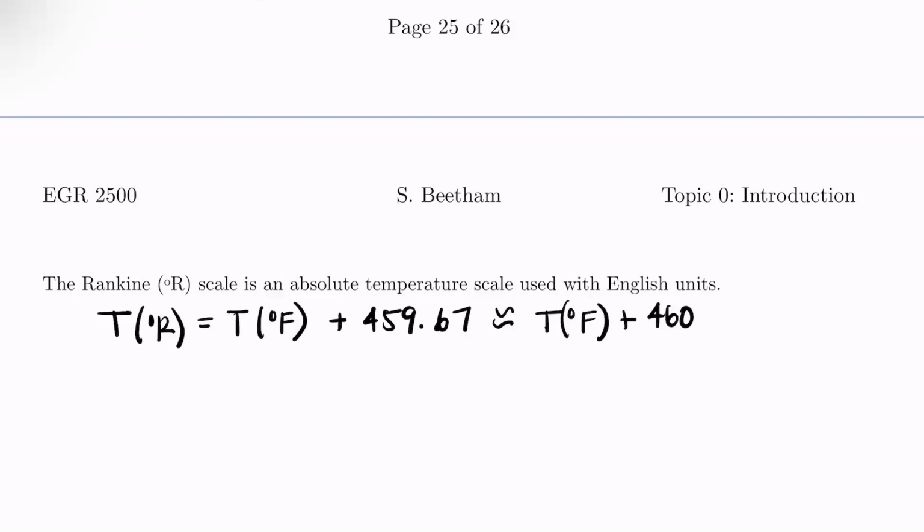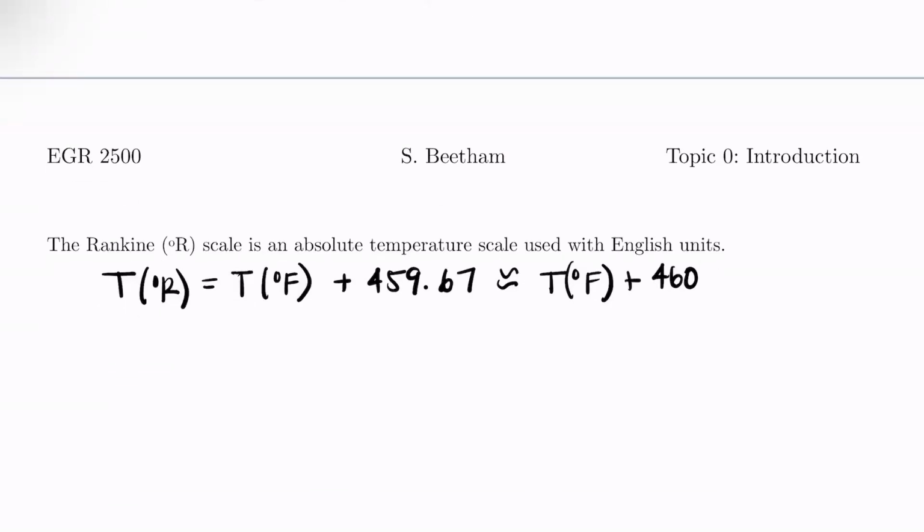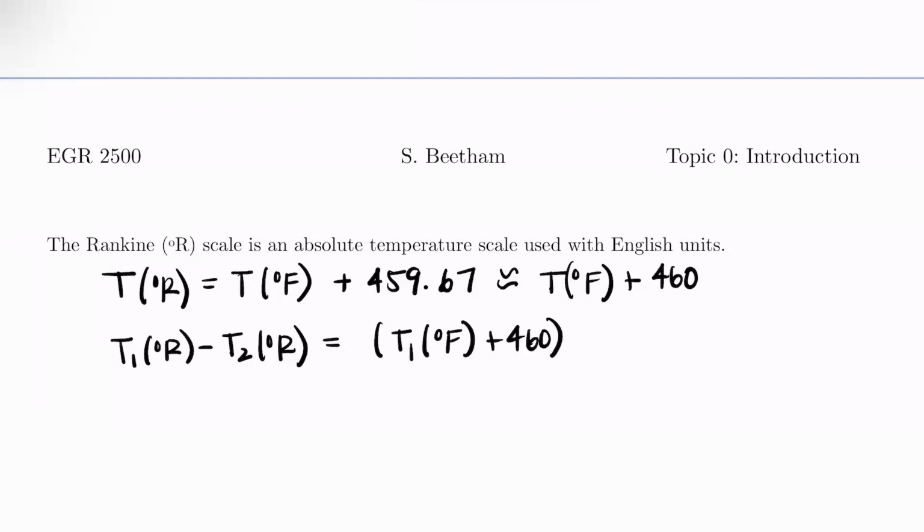All right, so if we want to look at T1 in degrees R minus T2 in degrees R, we're going to do the same thing, but now we just have a different factor in there. So we have T1 in degrees Fahrenheit plus 460 minus T2 in degrees Fahrenheit plus 460.